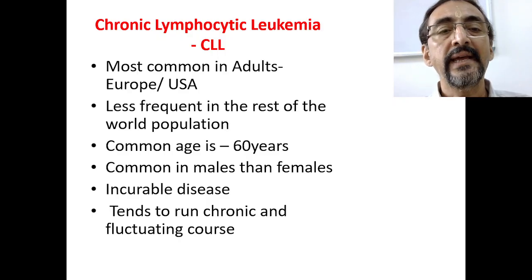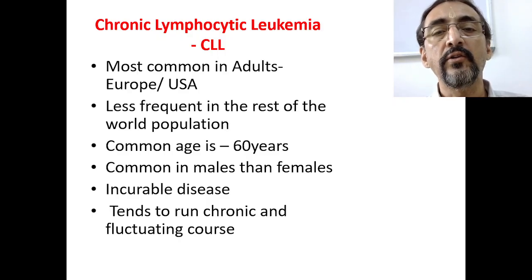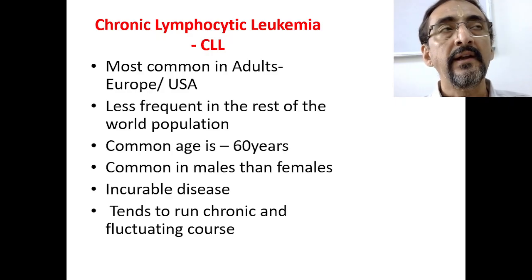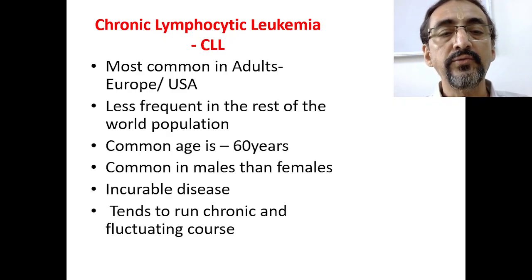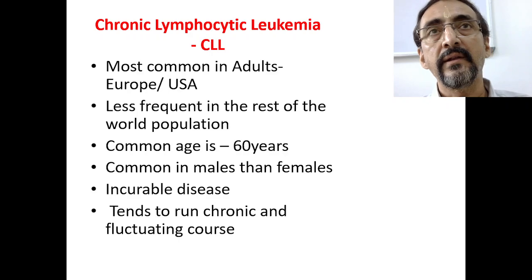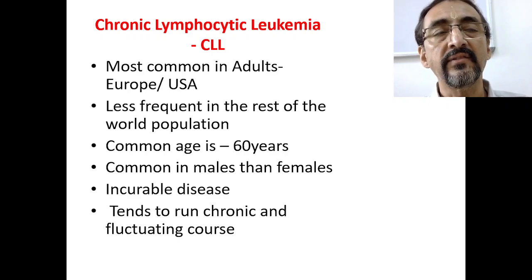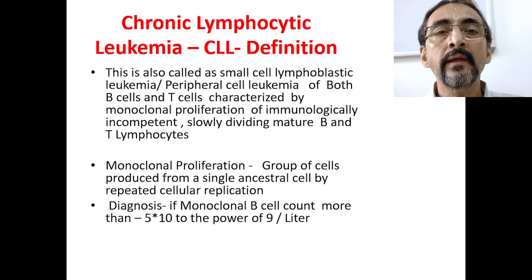The commonest age for this chronic lymphocytic leukemia is 60 years. It is more common in males than females. Of course, we know that this is an incurable disease. It tends to run a chronic and fluctuating course. So this will run in a chronic course, and it also has a fluctuating course.